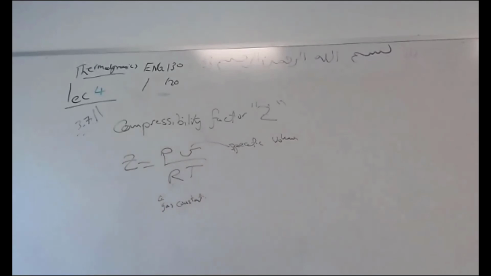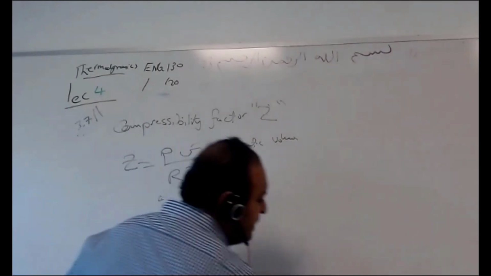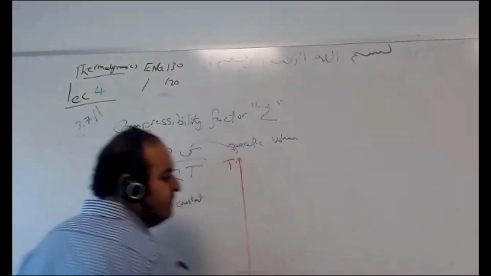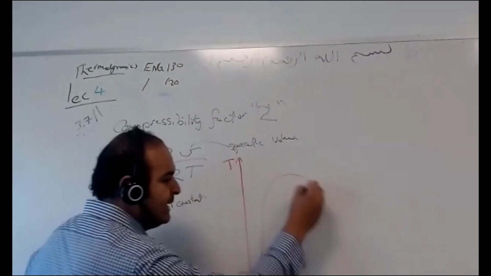P is pressure, v is specific volume. This is a correction factor to the ideal gas law. It means if you have the Tv diagram and you know exactly it's like this.